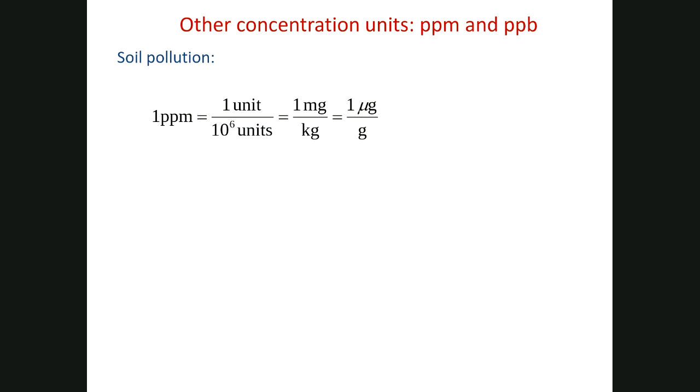There are 1,000,000 milligrams in a kilogram, and there are 1,000,000 micrograms in a gram. So 1 ppm of cadmium in a soil sample is the same as saying your sample has 1 milligram per kilogram or 1 microgram per gram of cadmium in it.